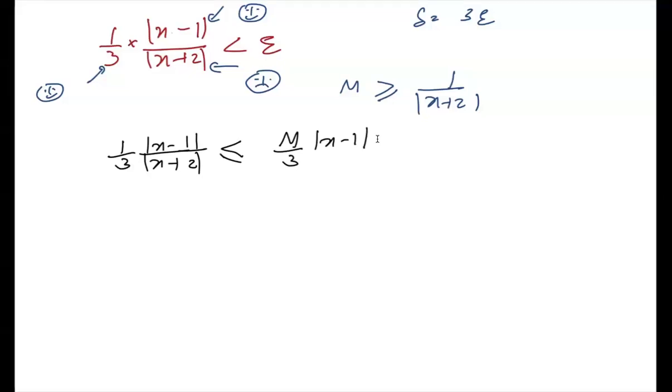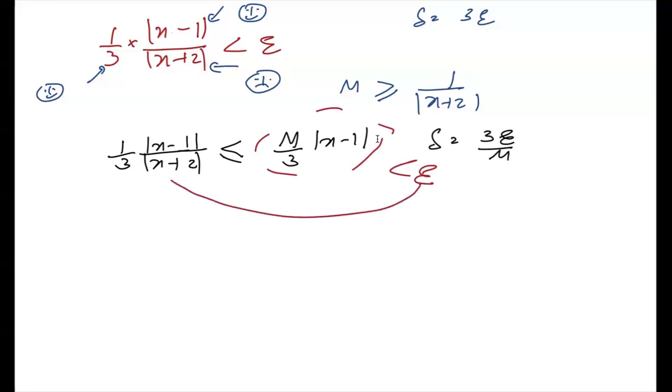Once we take our delta to be 3 epsilon over m, this whole thing is less than epsilon. It doesn't matter because this is anyway smaller than that one. But for that one, we need some sort of inequality to tell this is less than epsilon.